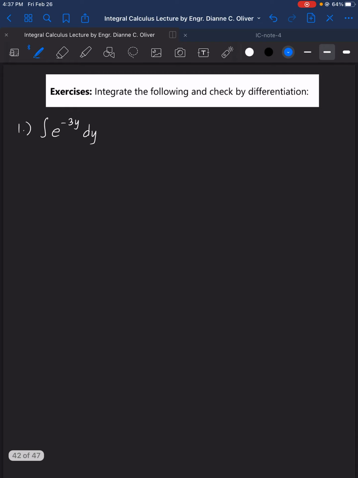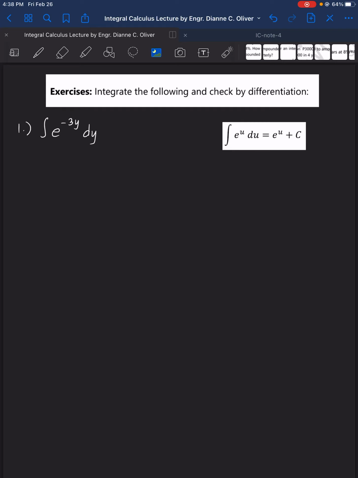Integrate the following and check by differentiation. Number 1, the integral of e raised to negative 3y dy. So the pattern that we're going to use is the integral of e raised to u du is equal to e raised to u plus c.